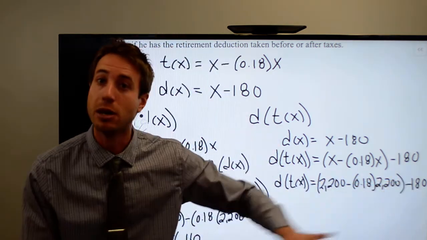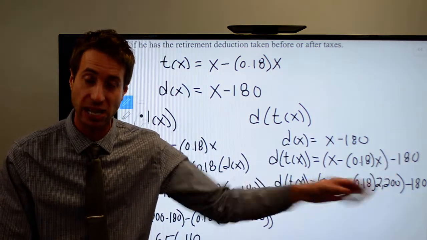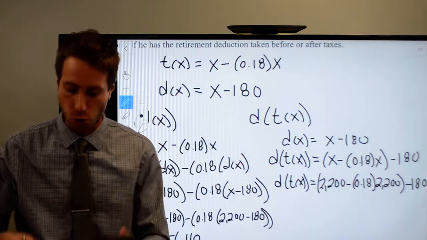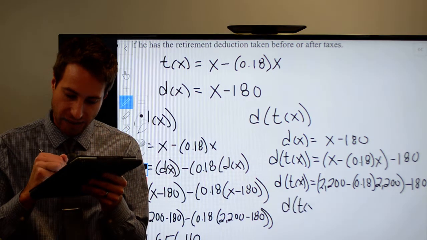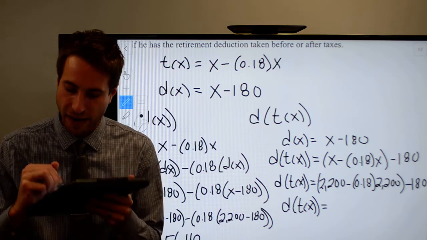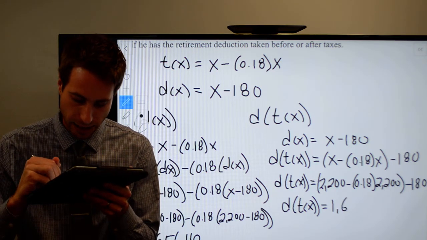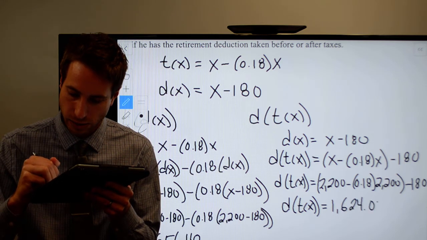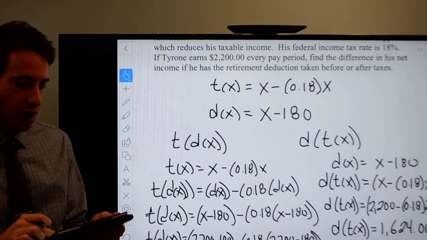Then Tyrone is putting $180 into a retirement account after he has paid his taxes. So it's on money that's already been taxed. d of t of x is equal to, plug that into your calculator, don't fat finger something, $1,624.00.